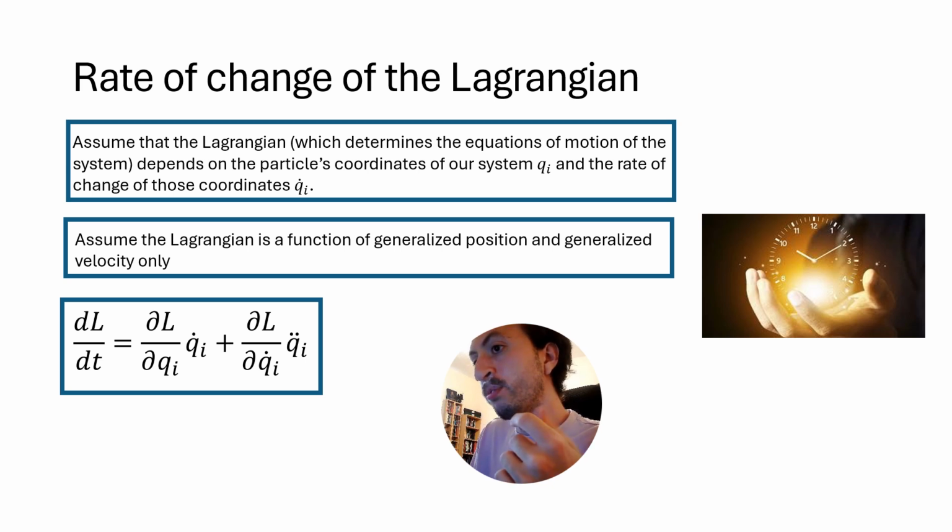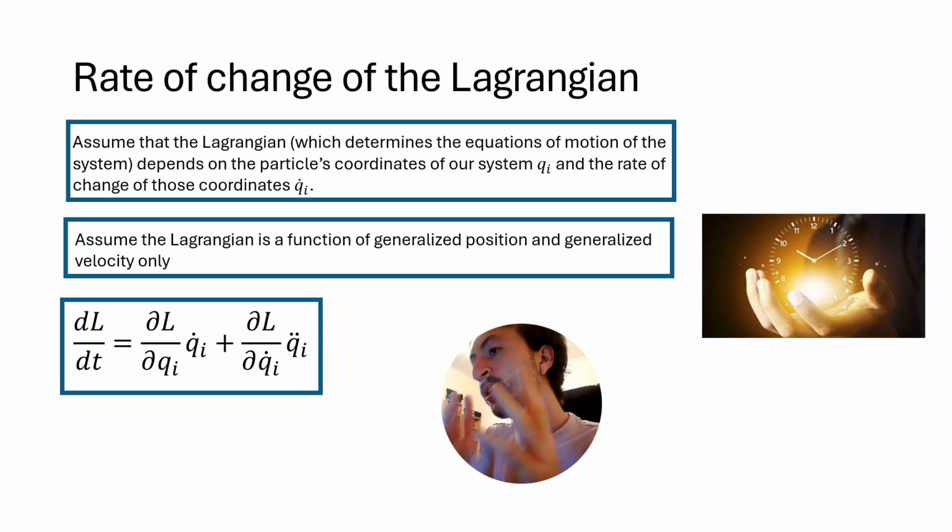The time derivative of the Lagrangian we get is given here. This is justified by the chain rule, and this is true no matter what the Lagrangian is, providing it is a function of Qi and Qi dot.